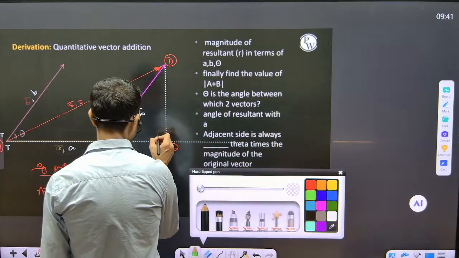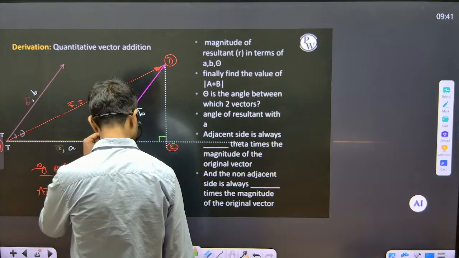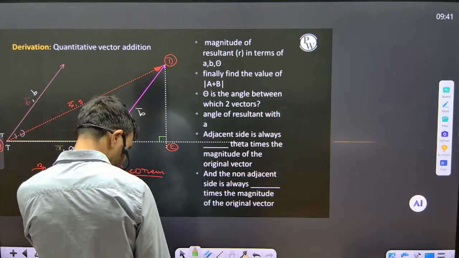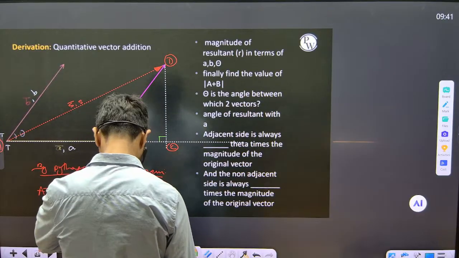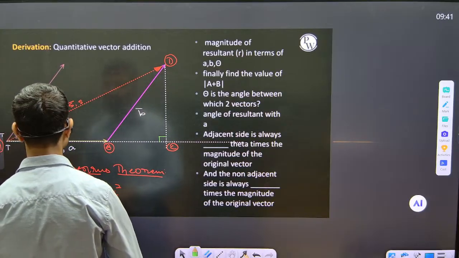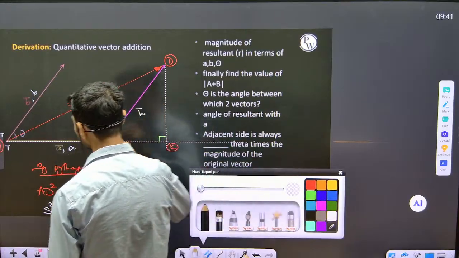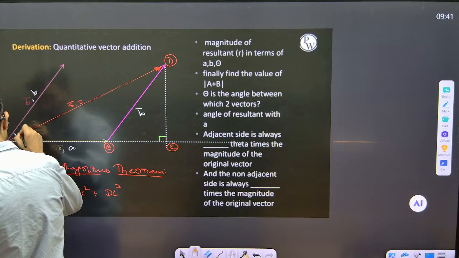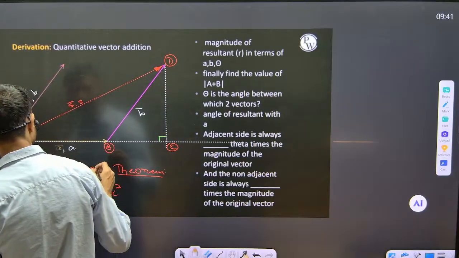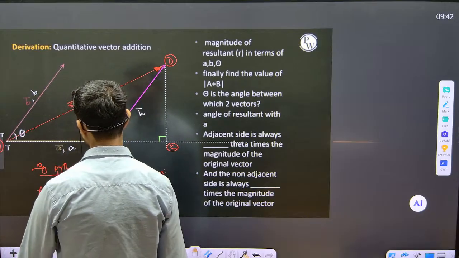So you'll see that this is a 90 degree here, right? A perfect 90 degree. And you'll see that this angle is theta. This angle is theta. If that angle is theta, what will be this angle? Parallel lines, right?